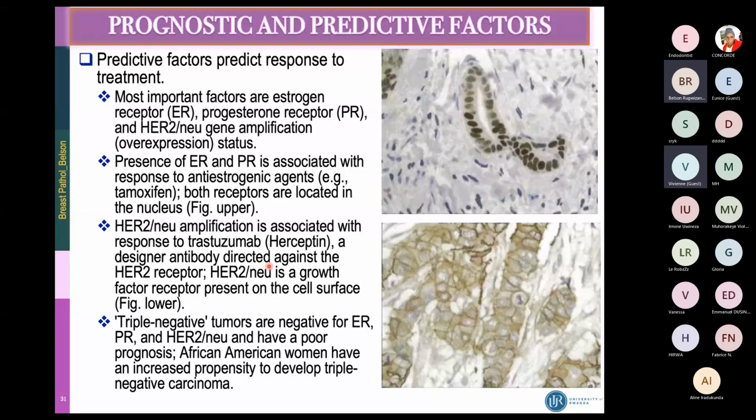Now, according to the markers: estrogen receptor, progesterone receptor, and human epidermal growth factor receptor 2 gene amplification. Even on every case we identify these. I think on Wednesday I had 2 cases of breast cancer. You cannot go for treatment without first looking at these.